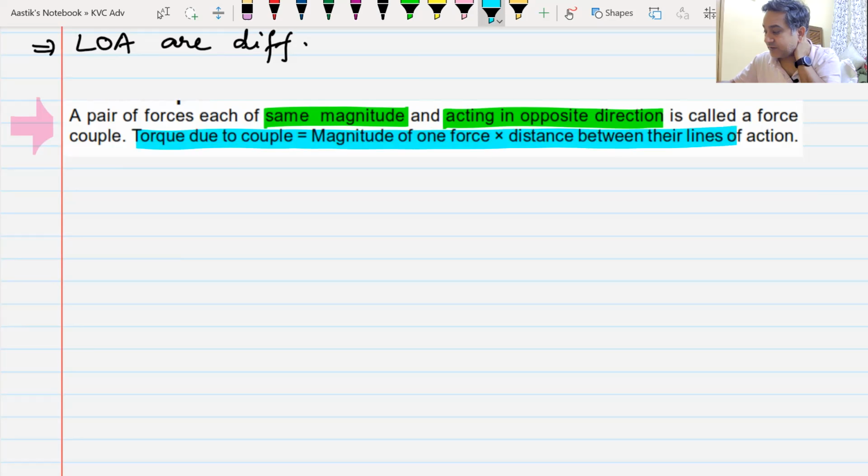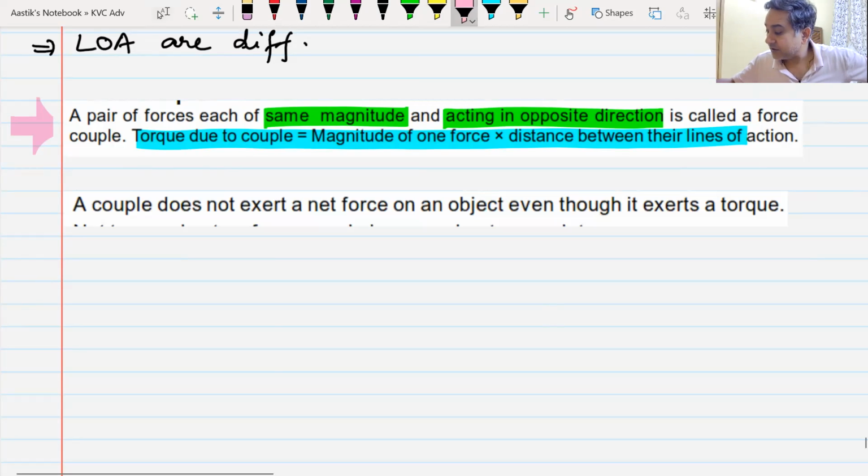Magnitude of one force multiplied by the distance between their lines of action. The second point that you must remember: a force couple does not exert a force, but it exerts a torque.